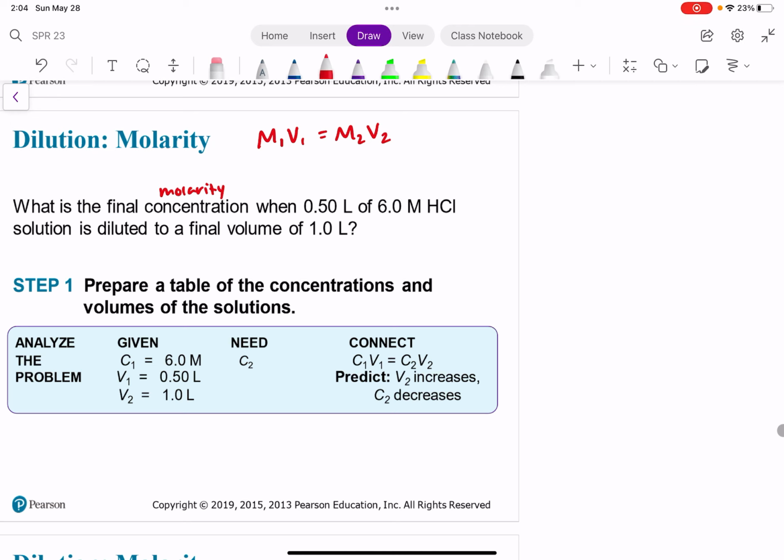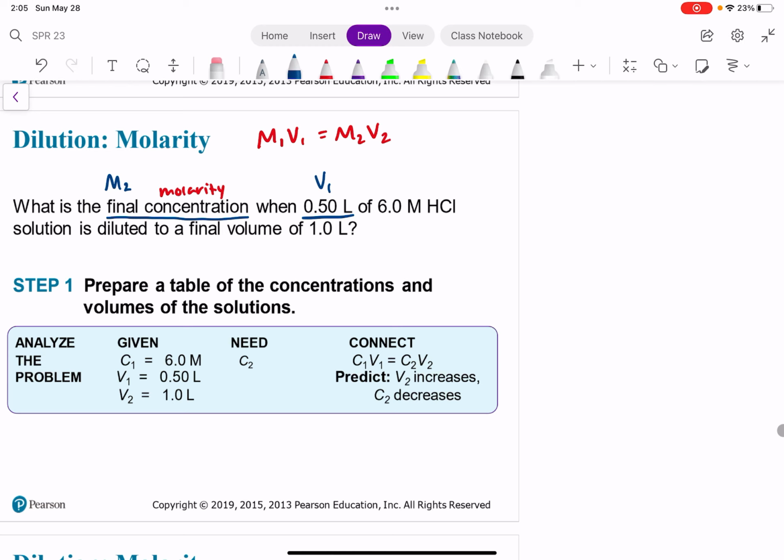Let's go ahead and break this down a little bit. I see that my main goal is to find my final concentration. What's another way of representing that in our equation? What variable is that going to be? Yeah, that's going to be M2, my final molarity. And then my 0.50 liters is going to be what? Yeah, that's going to be my initial volume, my V1.